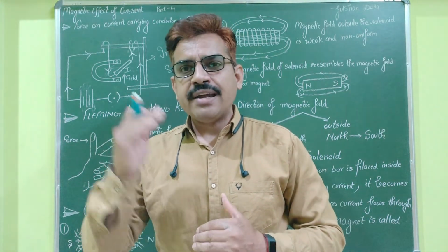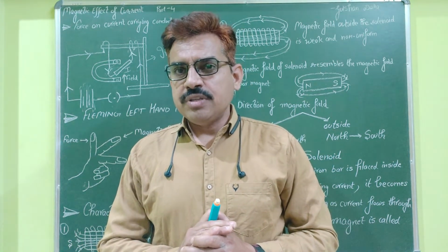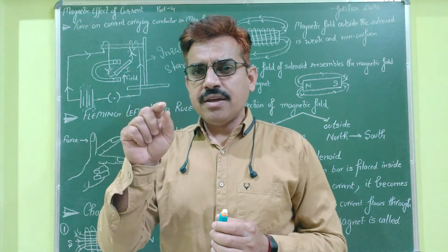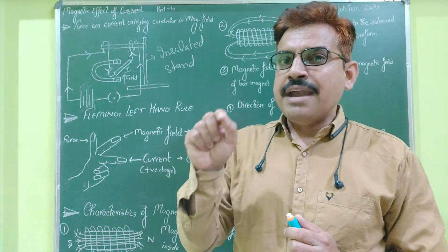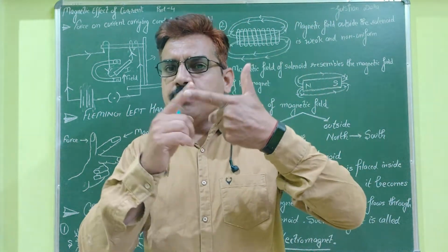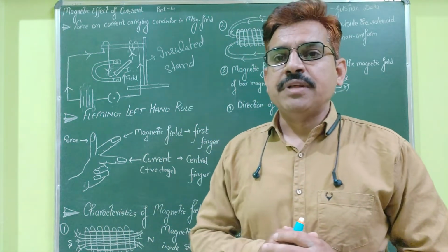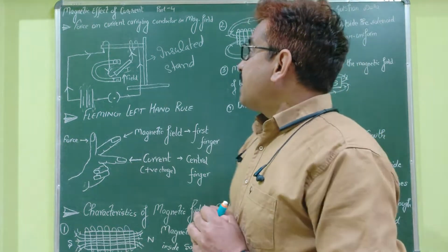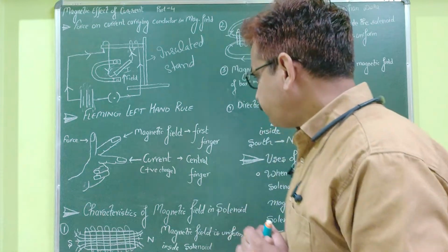But simply think that when the current carrying conductor and magnetic field are both perpendicular to each other, the maximum force will be there. So this is all about the force on a current carrying conductor when placed in the magnetic field.